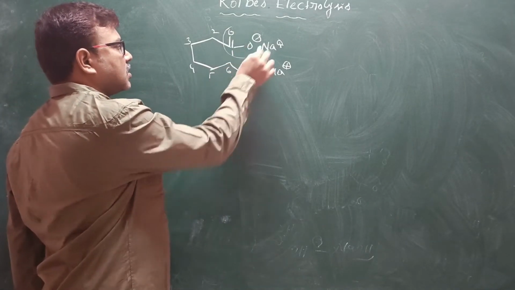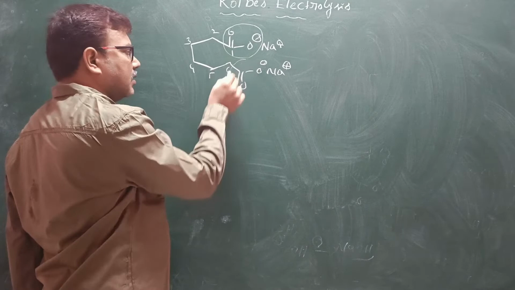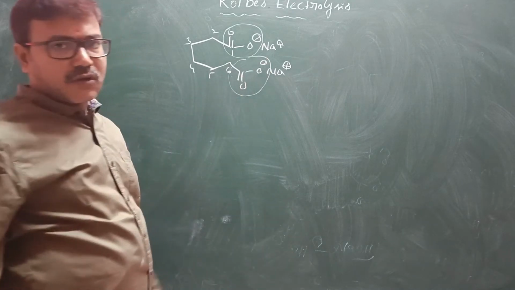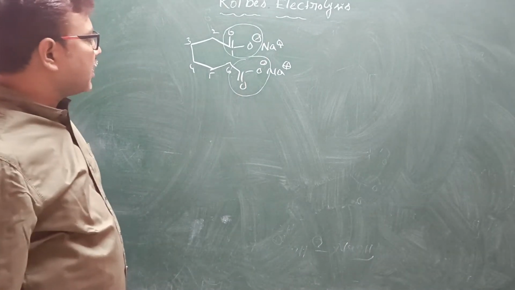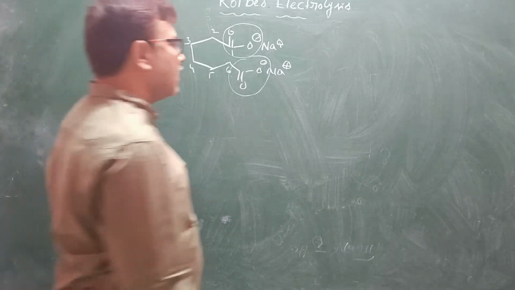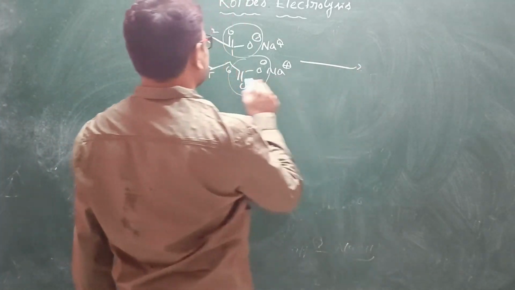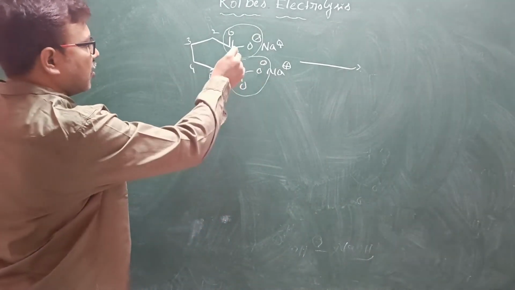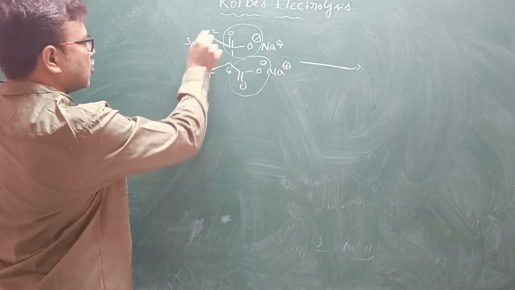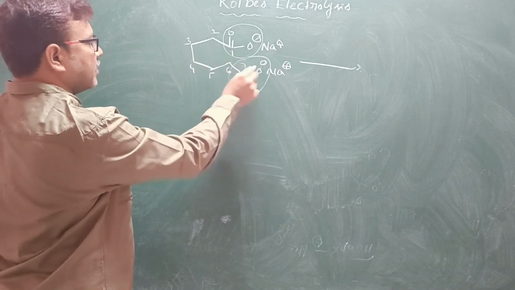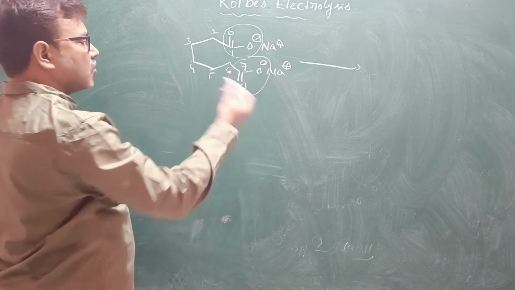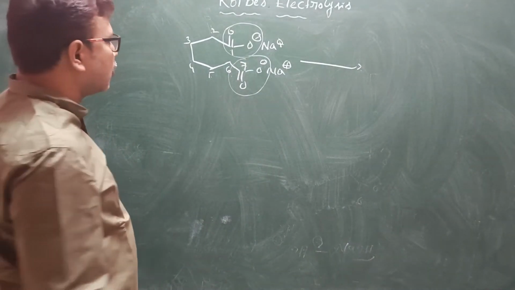So these involve removal of CO2. The product contains how many carbons? Only 5. Because it contains 1, 2, 3, 4, 5, 6, 7, so 7 carbons. So it loses 2 moles of CO2.